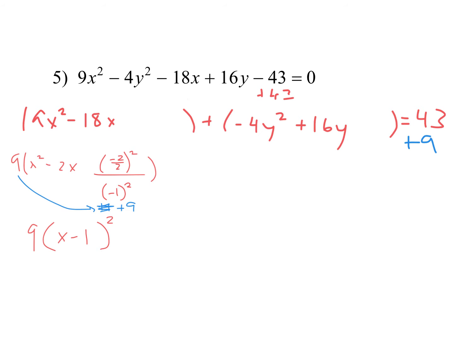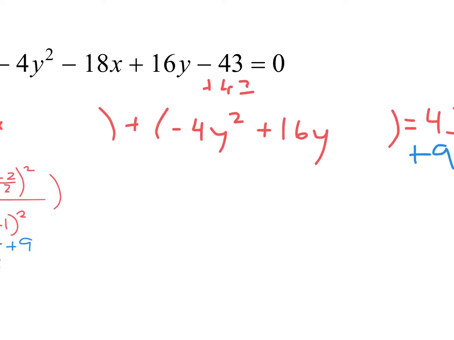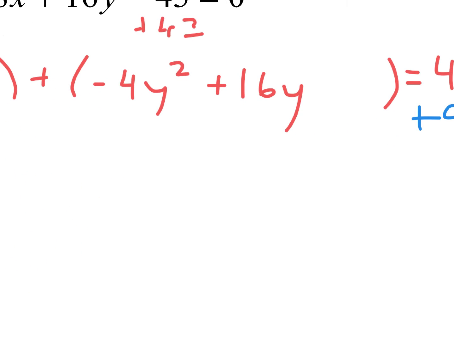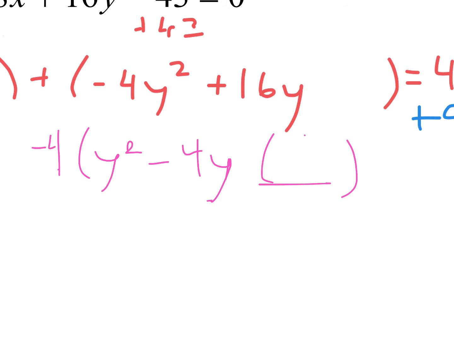Alright, so we finished the x's. Let's do the same thing with the y's. What do I need to do first before I complete the square here? Divide by negative 4. So I'm going to take out that negative 4. And then I have y squared minus 4y. What's going to go in here to help me complete the square? Negative 4 over 2 squared.